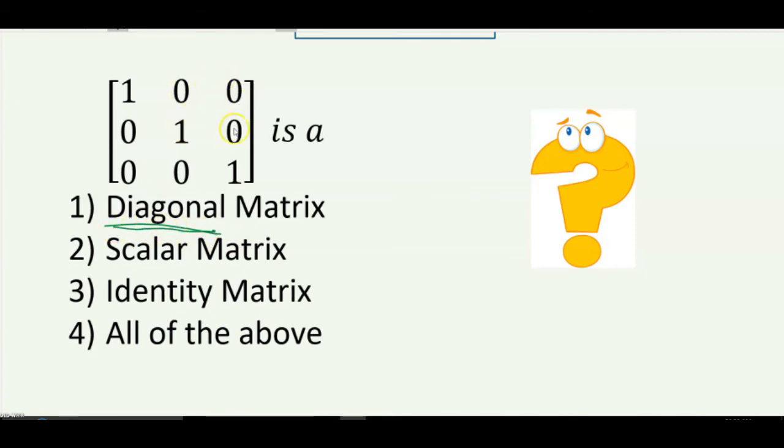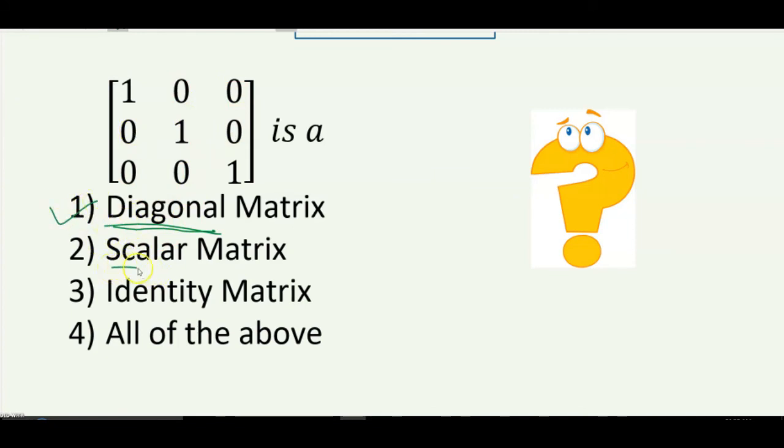The non-diagonal elements should be 0, but the principal diagonal elements are non-zero, right? So as you can see, this is 1. So the only condition in the diagonal matrix is that the non-diagonal elements should be 0. As we can see here, all the non-diagonal elements are 0 here. So this is a diagonal matrix.